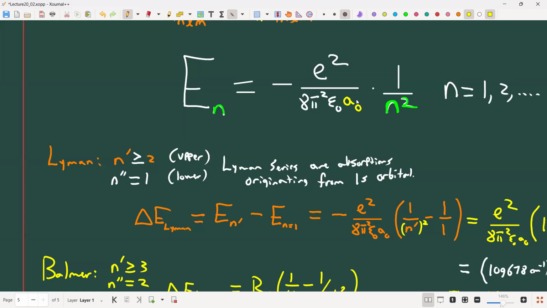Well, in hydrogen, there's only one electron. When you only have one electron, all the orbitals are degenerate. When you bring in another electron, which is when you need to start thinking about filling orbitals, you have multiple electrons. The electrons begin to repel each other. And that repulsion causes the energy levels between the s's and the p's and the d's to split. So in helium, and every other atom, the 2s and the 2p depend on l.